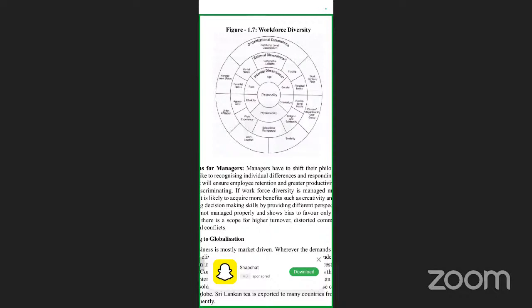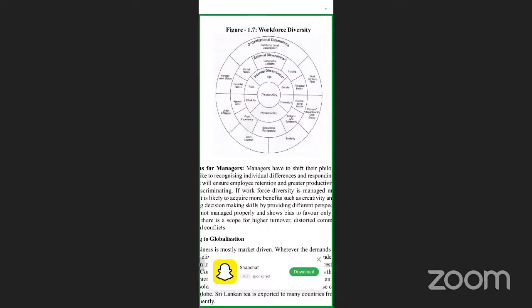Next, we have organizational dimensions where the elements are content, field, divisional groups, seniority, work location, union affiliations, management status, functional levels and classifications. All these are the various areas where workforce diversity acts as a challenge for an organization to overcome.